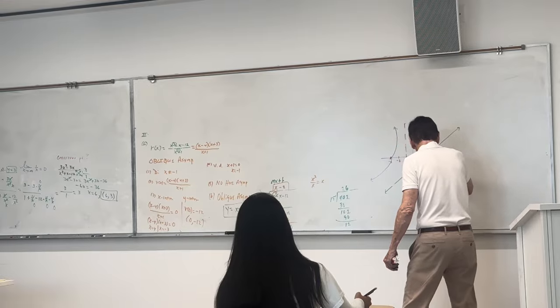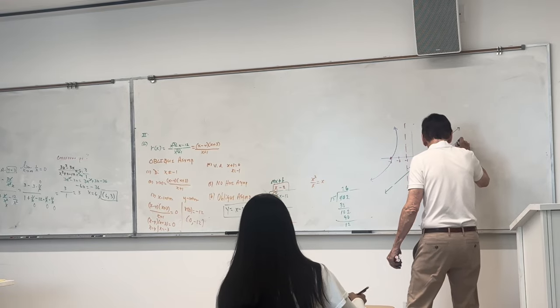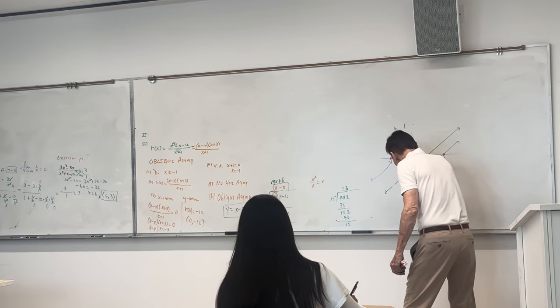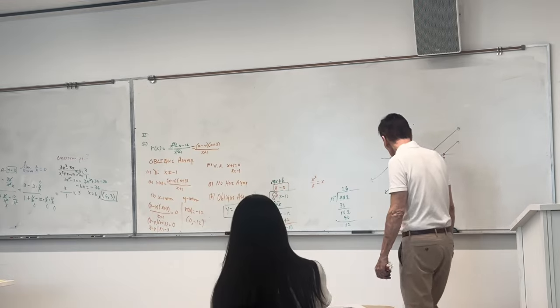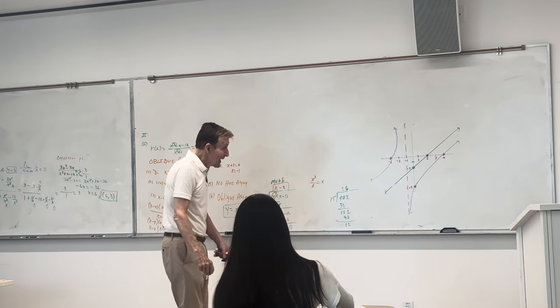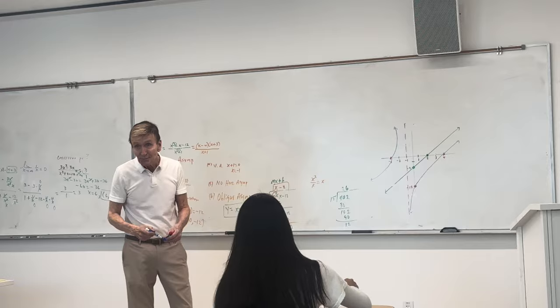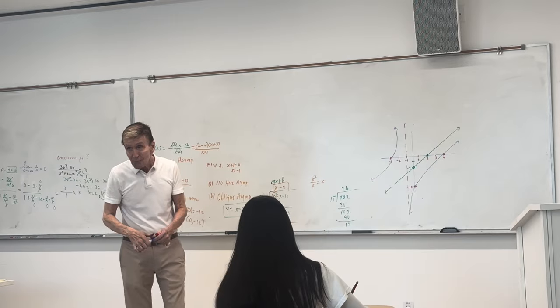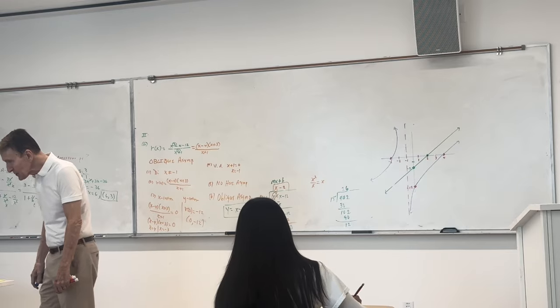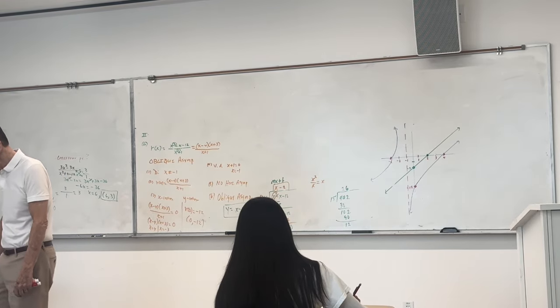Come on up, pick up 4, and follow the red and the green. And make it look something like that. Is that reasonable? Had to follow the green, had to follow the red, pick up my intercept, there's the red.